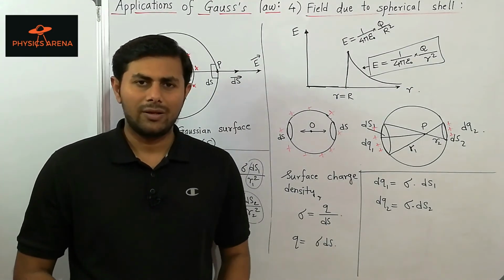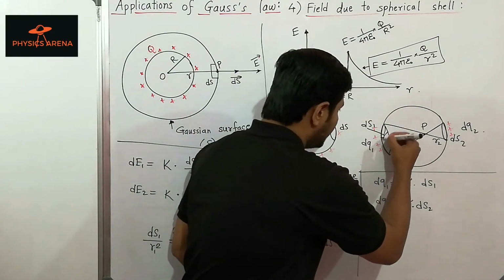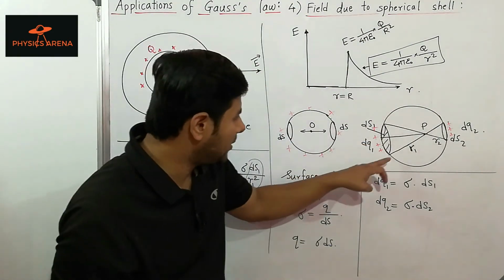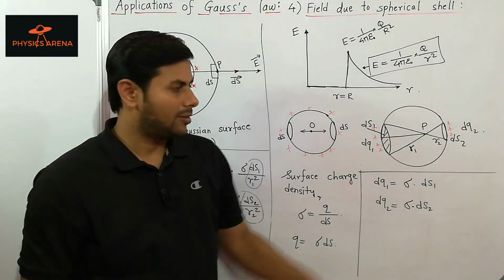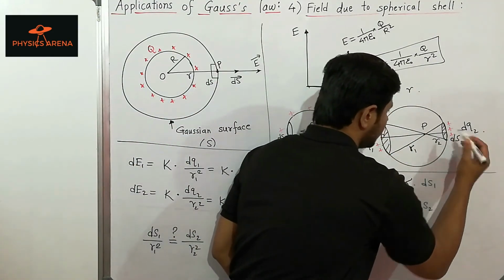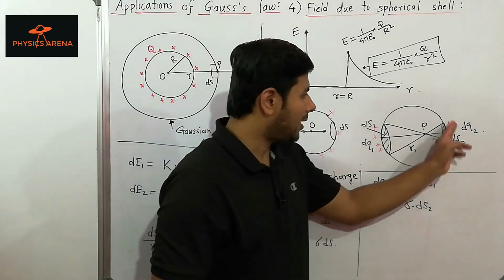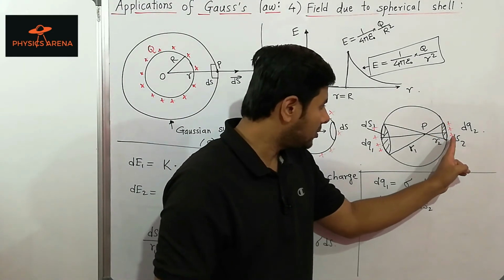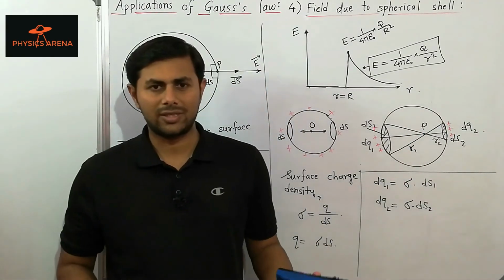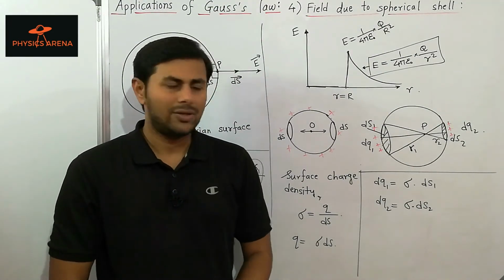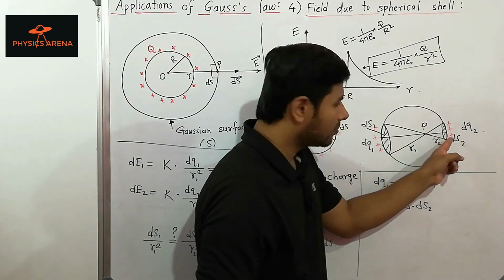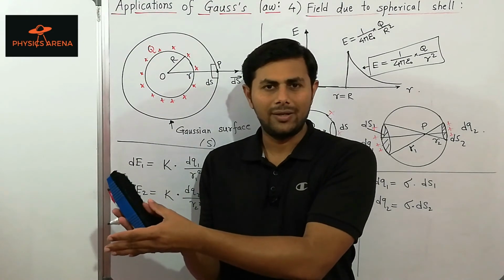And indeed it is the same. It's because ds1 divided by r1 square is the solid angle subtended by this surface ds1 at point P, and ds2 by r2 square is the solid angle subtended by this surface ds2 at point P. And solid angle is just the cone subtended, it's the 3D angle, and you can imagine that whatever is the solid angle subtended by ds2, the same would be the solid angle subtended by ds1.